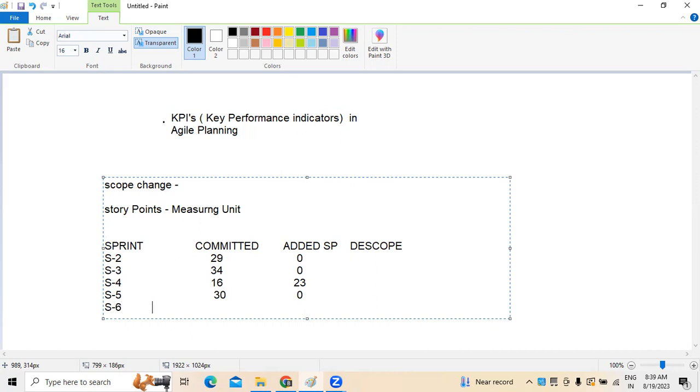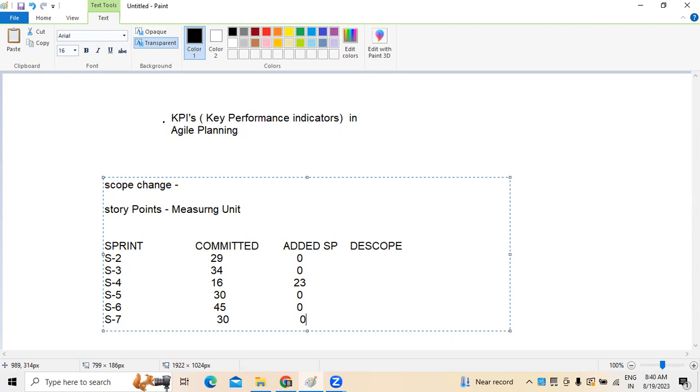Next, I have taken sprint 6, where we have 45 committed, and the additional story points added were 0. Next, sprint 7, where we have 30 story points, and the additional story points added were 0.